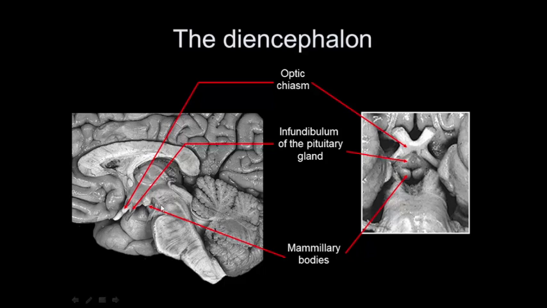If you stick an electrode anywhere between the mammillary body and the optic chiasm, here or here, you are at the level of the hypothalamus. So I use these to orient myself to know that I am at the level of the hypothalamus, because the hypothalamus lies just dorsal to these structures.